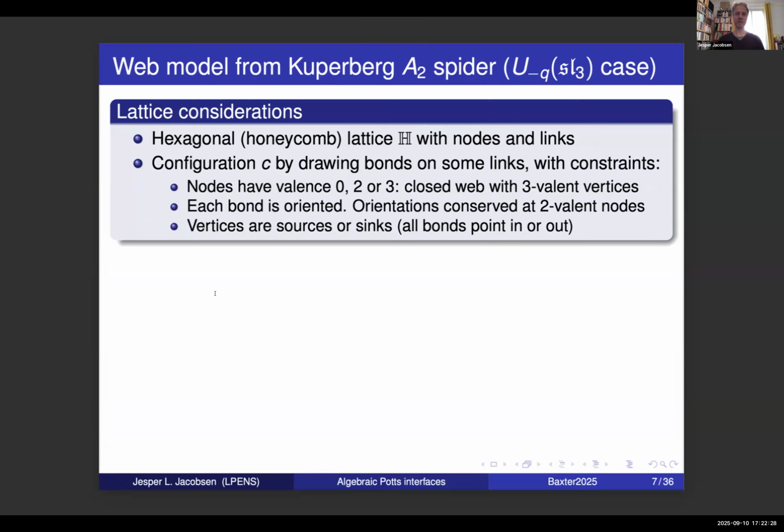In a loop model, they would have valence 0 or 2, but now they can have valence 3, meaning that there's some bifurcation. In addition, each bond, and that's something new, is going to be oriented in such a way that the orientations are conserved when you go through two-valent nodes, whereas when you have three-valent nodes, you see 3 arrows going in or 3 going out.